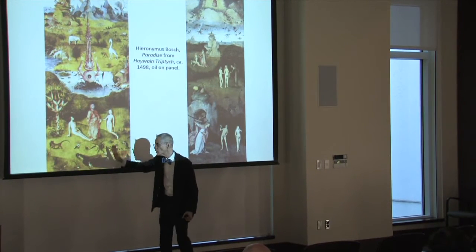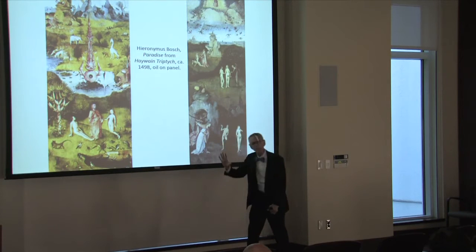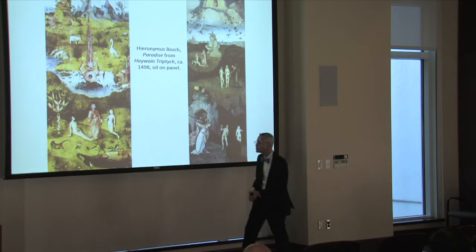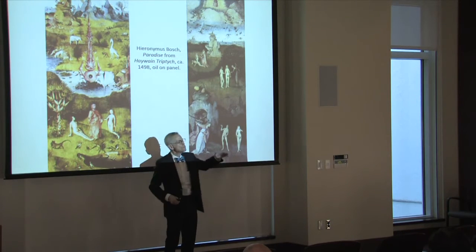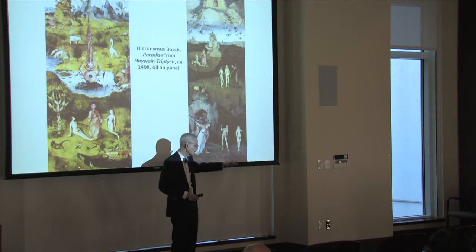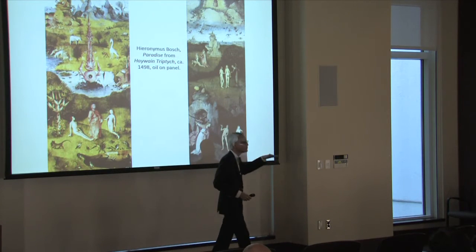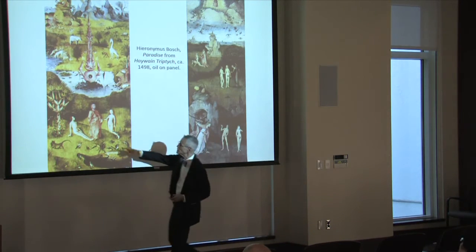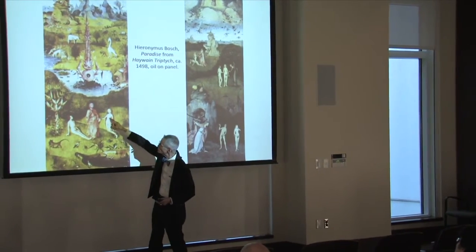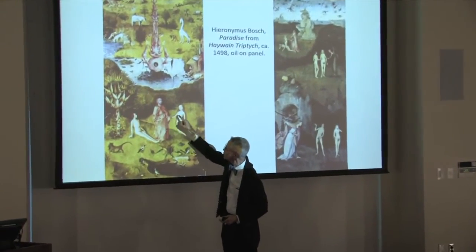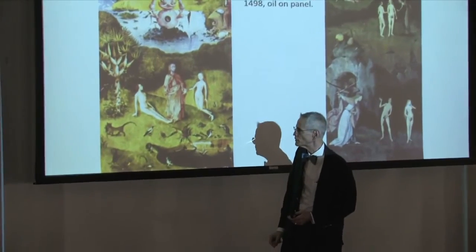She stands not only for humankind, but also for the church, and God marries himself to humankind through the institution of the church. That is what Bosch is implying by this very strange interaction of God and Eve.